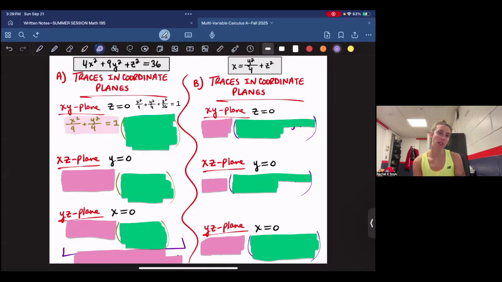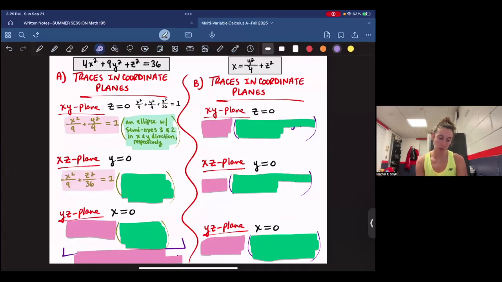We have those semi-axes. Square root of 9 is plus or minus 3, and square root of 4 is plus or minus 2, which is that note that was highlighted in green before. And now we can move on to the next one. So our xz plane, when y equals 0, we're left with x squared over 9 plus z squared over 36 is equal to 1.